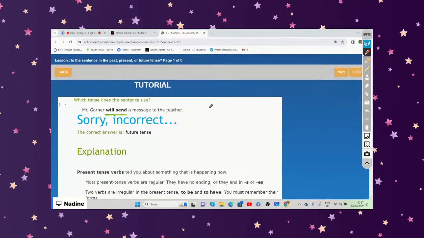And then it means that this shows the future tense, meaning that he will, or he has to, or he's going to still send a message to the teacher. So, yes, this is in the future tense.